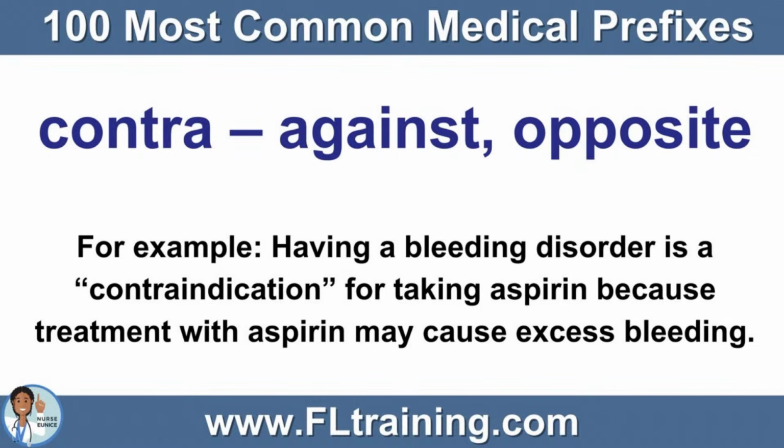For example, having a bleeding disorder is a contraindication for taking aspirin because treatment with aspirin may cause excessive bleeding. So you're going to hear about a lot of contraindications whenever it's related to pharmacology and the medications that our patients take.